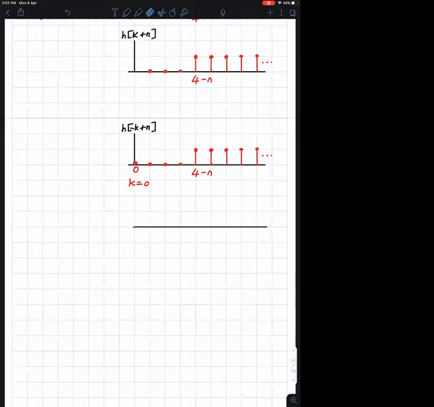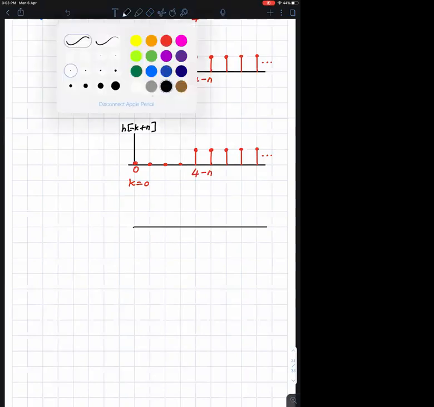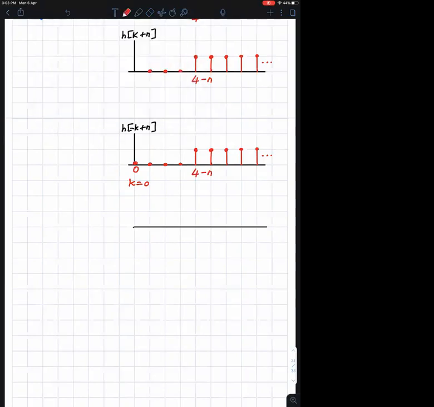Therefore, when you flip, 4 minus n becomes n minus 4. Okay, there you go.